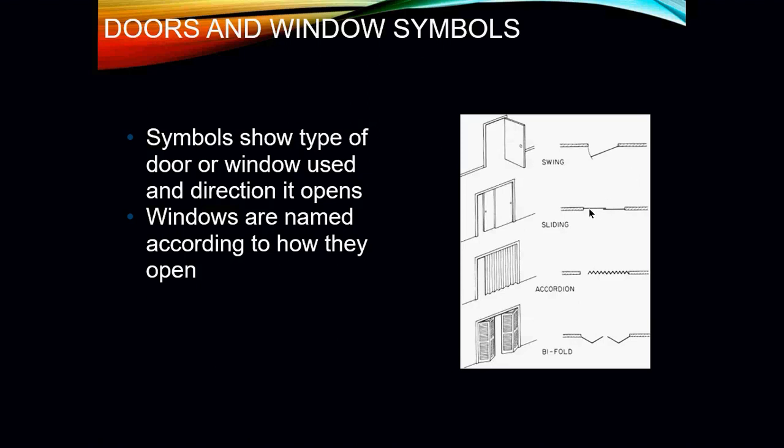This would be a sliding glass door, which would open to the left. This is your accordion type door, maybe a partition, that's going to open to the right. And here are your bifold doors, which both open. All of these would be on a drawing for the interior that would demonstrate where these windows and doors will be located.